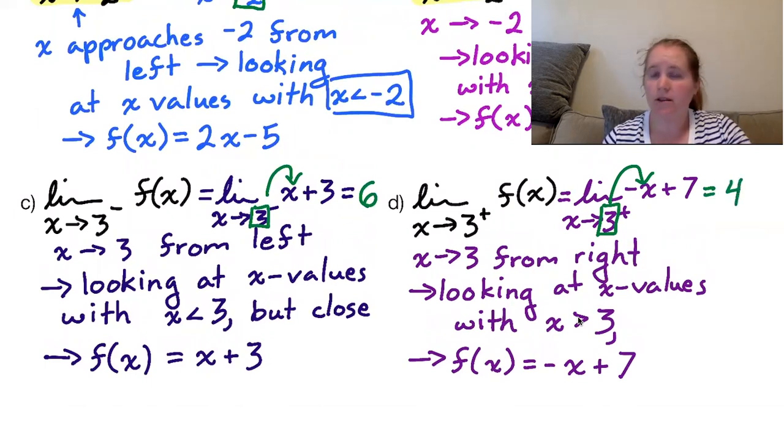So for piecewise functions, when we're looking at left and right limits, simply find which piece of the piecewise function is relevant and then see what happens just with that piece. So this is finding limits of piecewise functions algebraically.